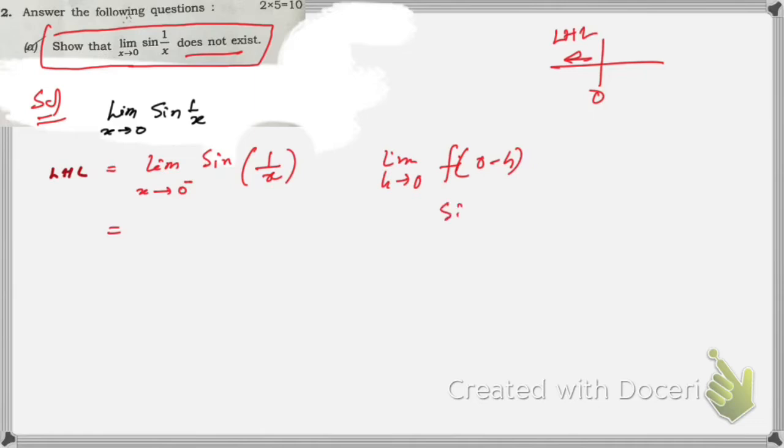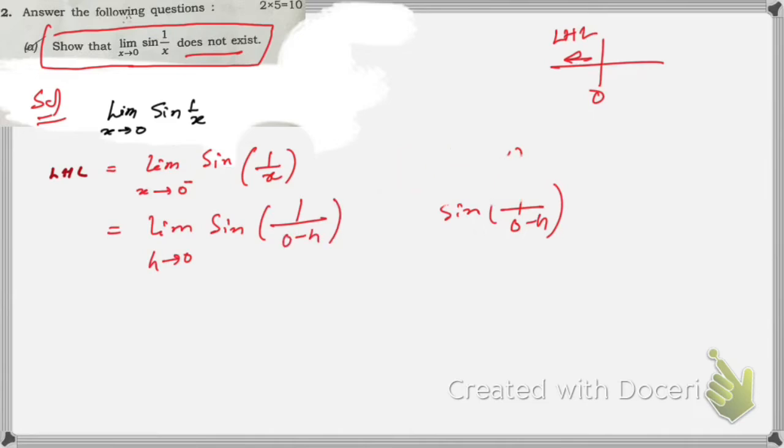So here we need to take sine 1 by 0 minus h, right? So then what you will get is limit h tends to 0, sine 1 by 0 minus h. That's what we will get, right? That's how we used to find a left hand limit, right?